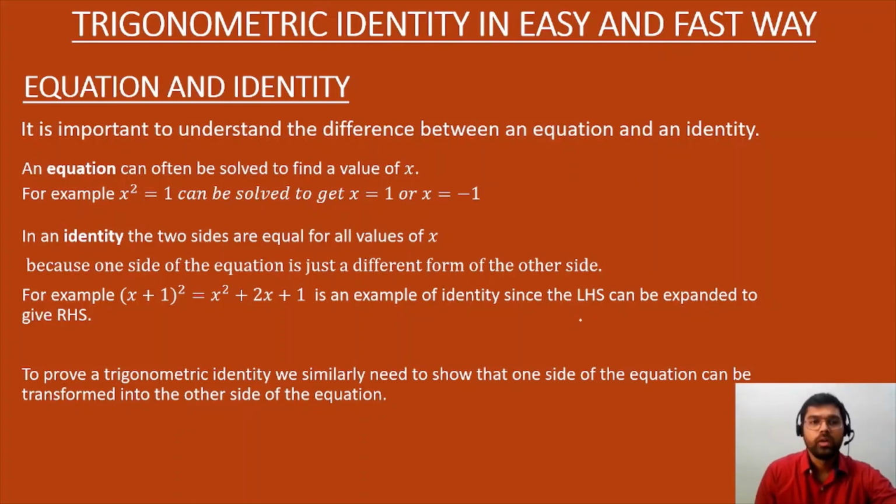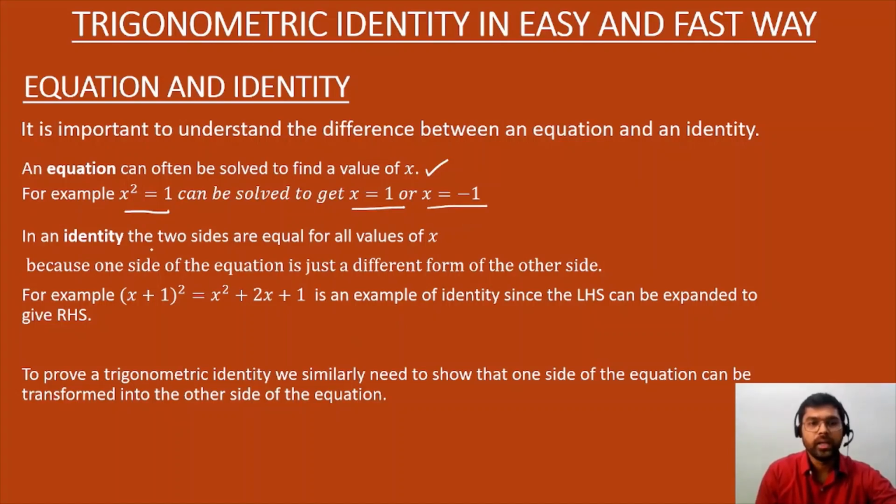So before, let us understand the difference between an equation and an identity. So an equation can often be solved to find a value of x. For example, we are given with an equation that is x square is equal to 1. So if we solve it, we'll get two values of x that will satisfy the equation, that is x is equal to 1 or x is equal to minus 1.